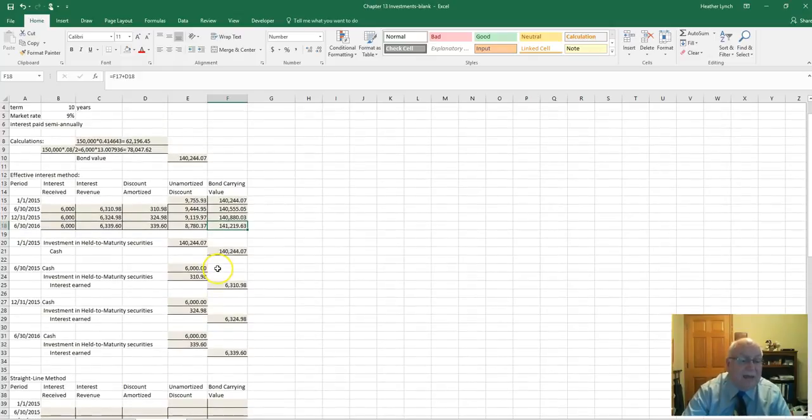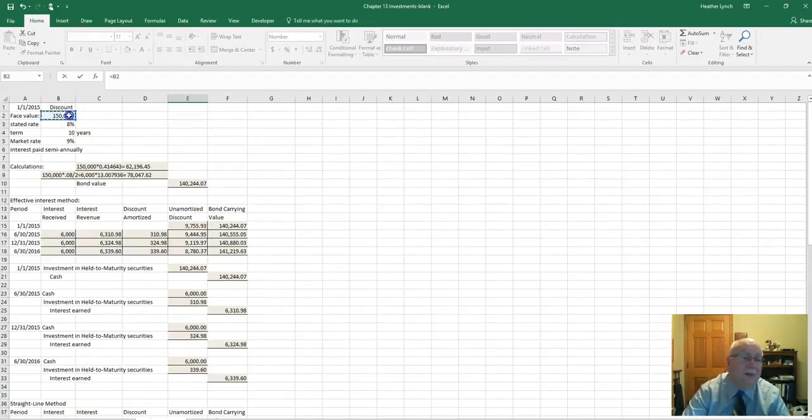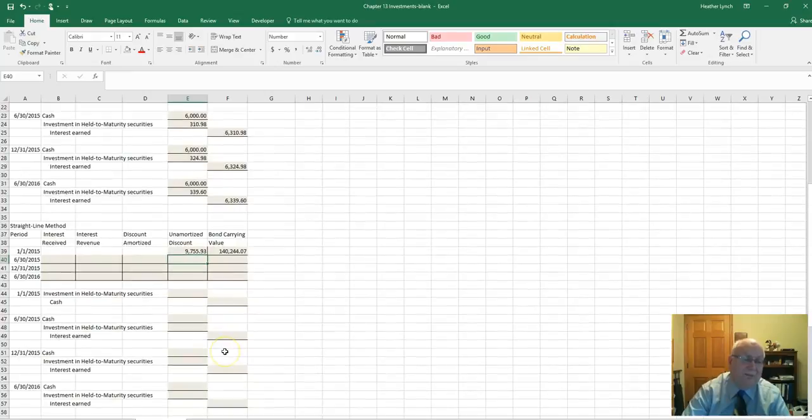Okay. Now, the straight line method. I'm going to do the same example. So this is still going to be 150 minus. Okay, so that hasn't changed any. I'll get this up here so you can see it.